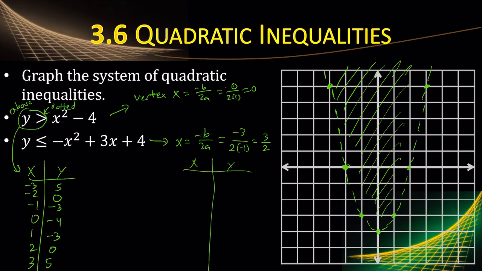So on my table, 1.5 is kind of going to be the middle. So I'm going to put this in the calculator and get a table.